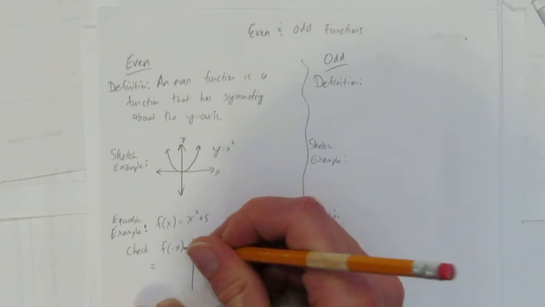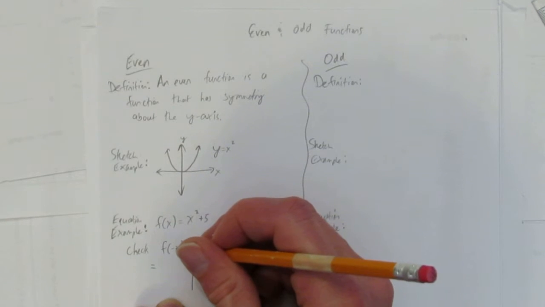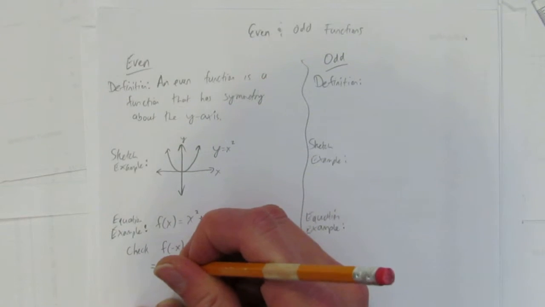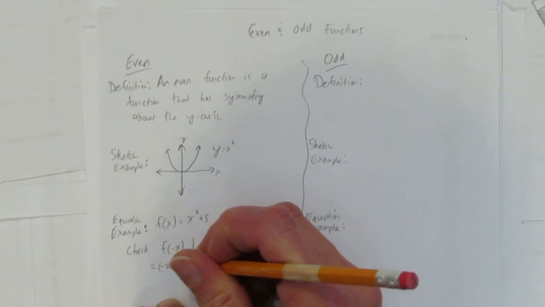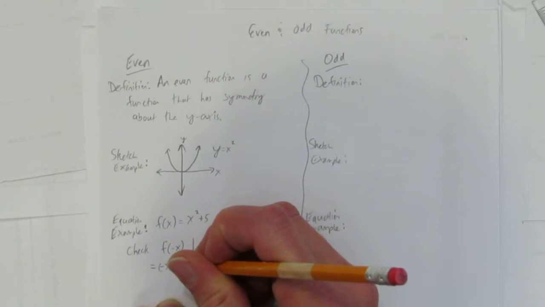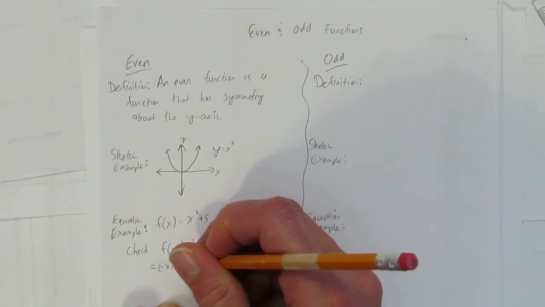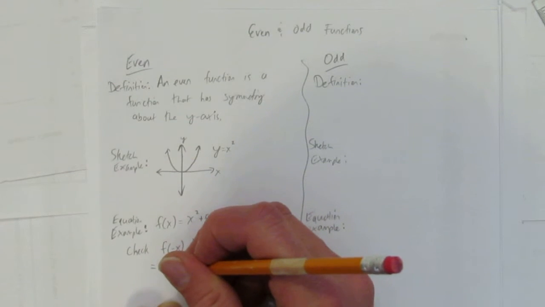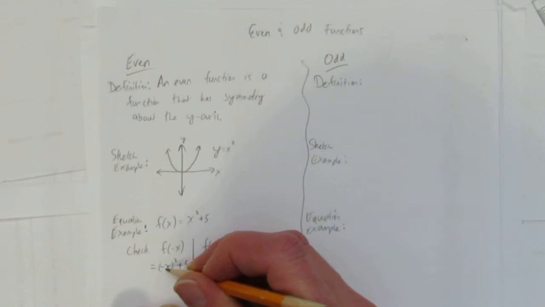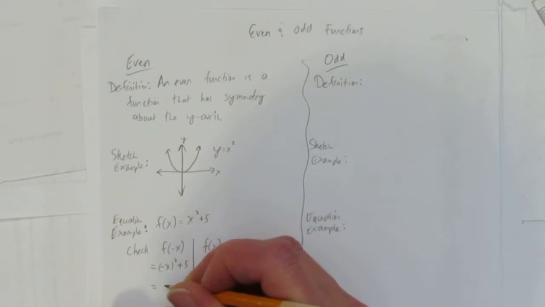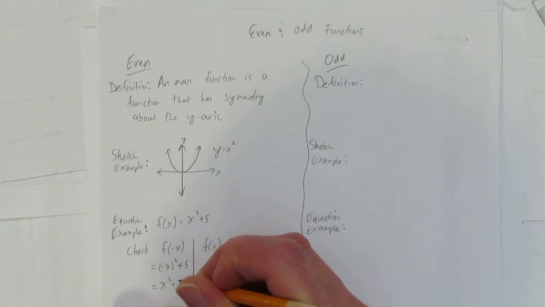So we're actually going to sub it in. What happens when you sub in negative x into this equation? You would get negative x squared plus 5. But you know, I hope, from rules of exponents and multiplying negatives, squaring means we're going to multiply negative x times itself, and a negative times a negative would be a positive. So we would get x squared plus 5.